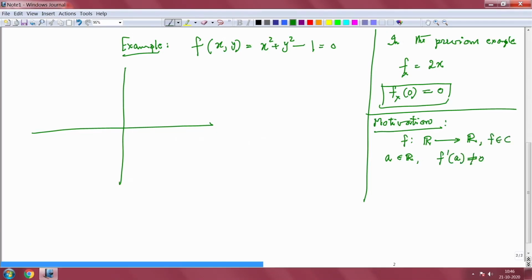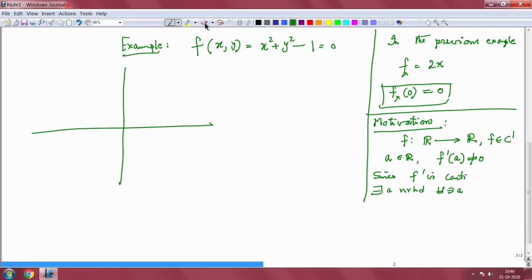F is a C1 map means it is a continuously differentiable function: f is differentiable and its derivative f prime also exists and is continuous. Then since f prime is continuous, by continuity there exists a neighborhood U of A, which can be an interval. Let me write it in the interval form.